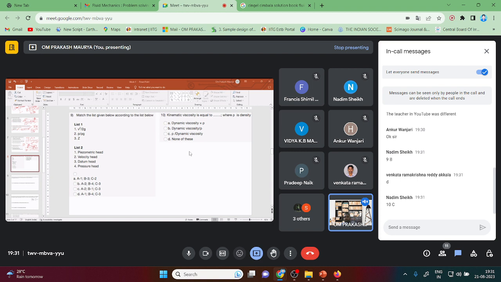V square by 2g represents what, and P by rho g? For the last 3 to 4 slides I have been discussing only the Bernoulli equation, and this is given only the Bernoulli equation broken down. In list 1 there are options 1, 2, 3, and in list 2 there are options 1, 2, 3, 4.